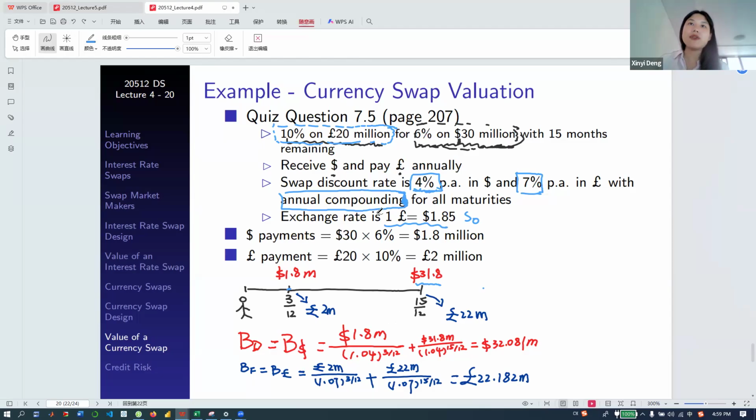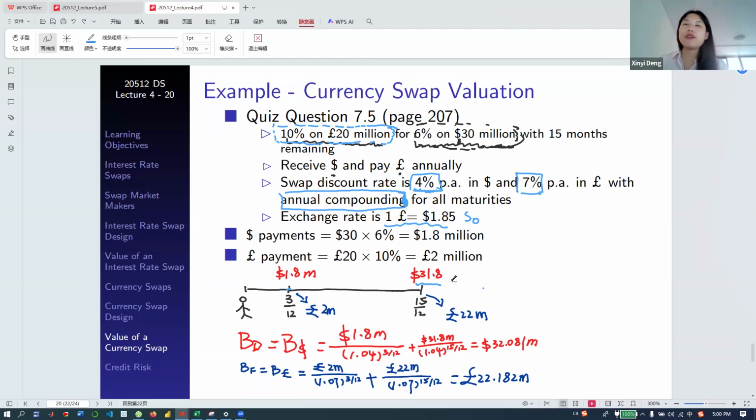It's annual compounding discounting practice. Here we know that the discount rate is 4% per annum. Since the first payment is occurring at month 3, for the discount factor we are just using the 1.8 cash flow projection divided by 1.04, that's 1 plus 4%, raised to the power of the number of years, which is 3/12.